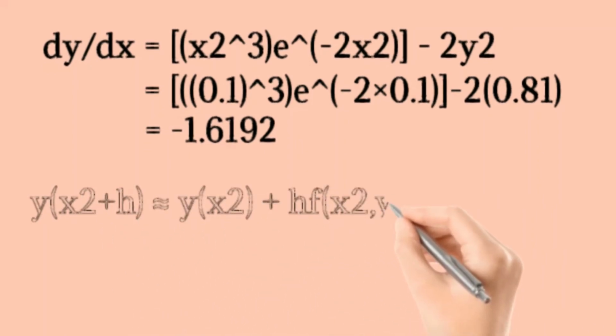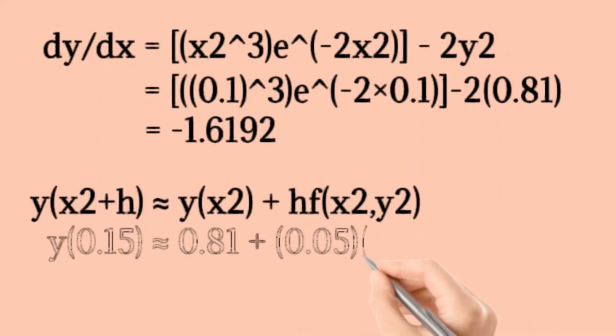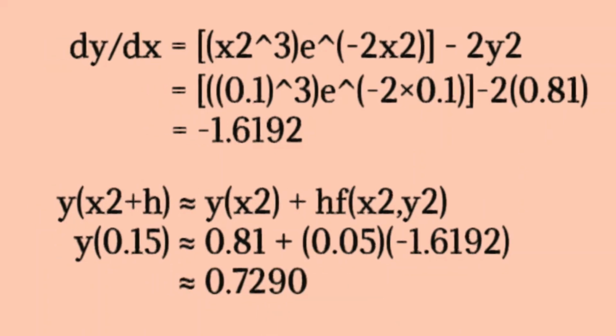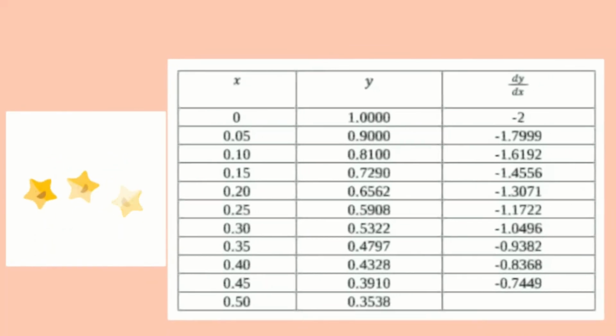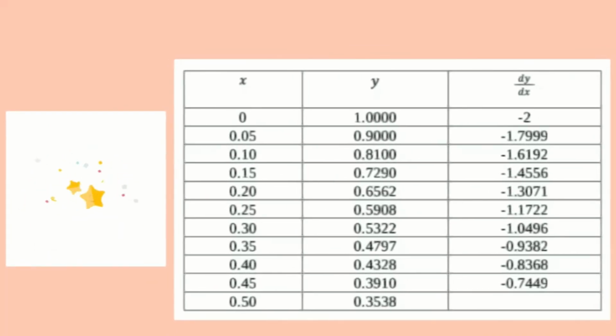After substituting the value of the derivative into Euler's method, our y(0.15) equals 0.729. So this is the table of x, y, and dy/dx for the step size h equals 0.05.